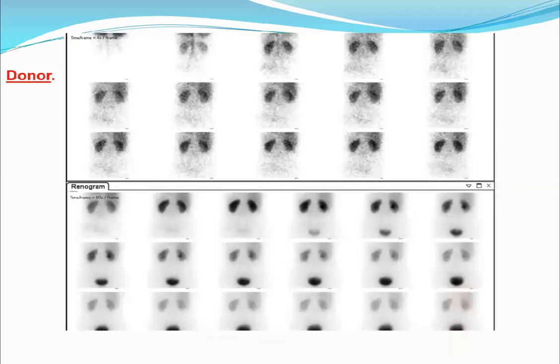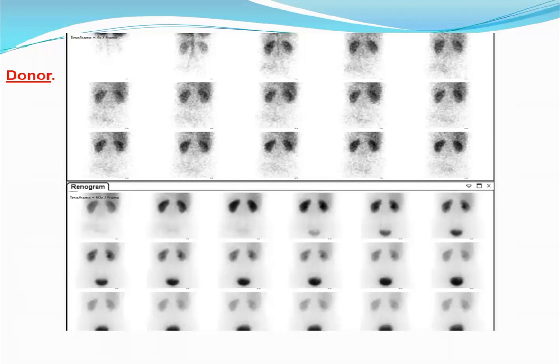Firstly, this is a normal donor. We make a radio scintigraphic study for all donors before transplantation to choose the kidney with less function to be transplanted.